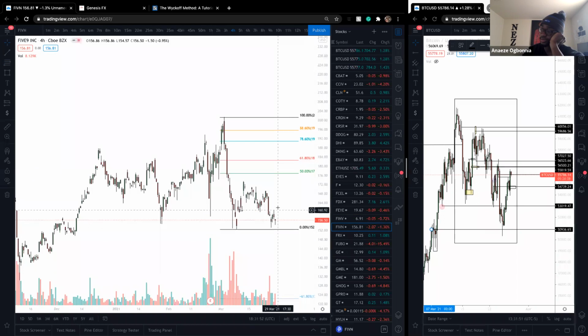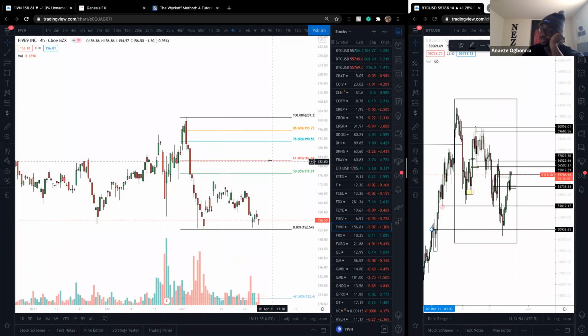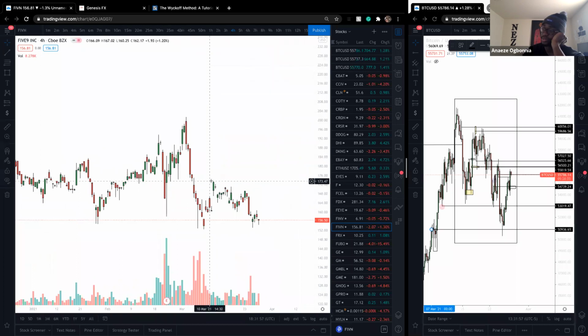So no indication in terms of retracements here, but what I can tell you is that we don't want price to.